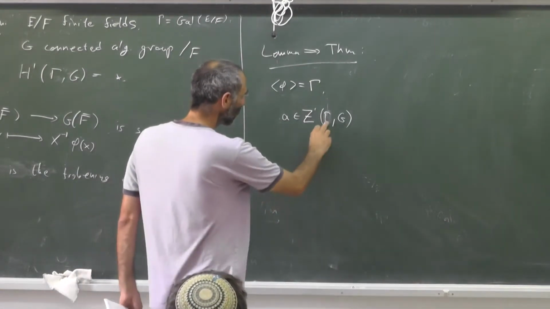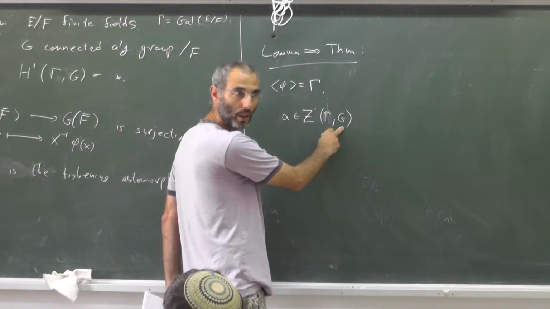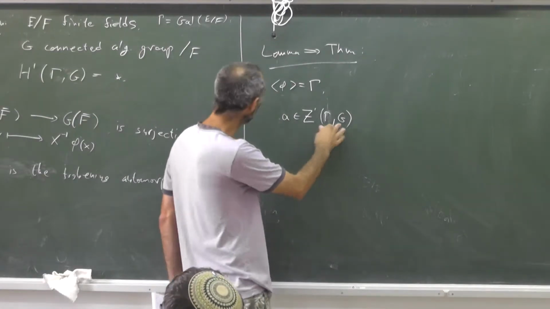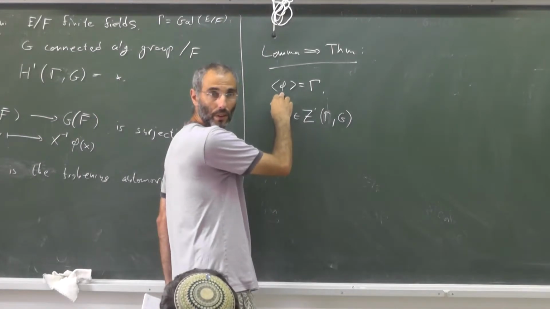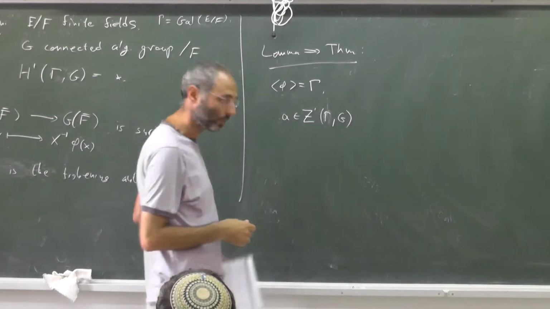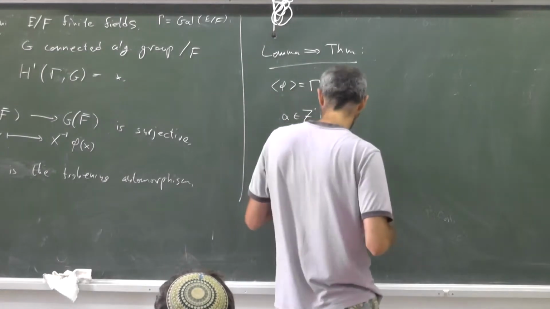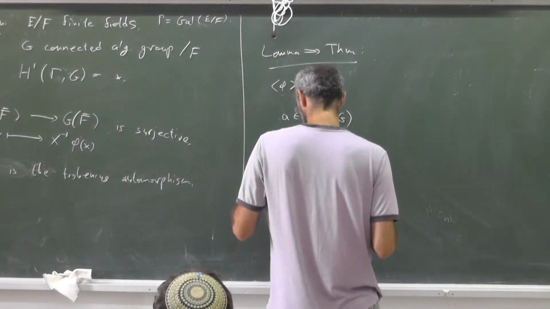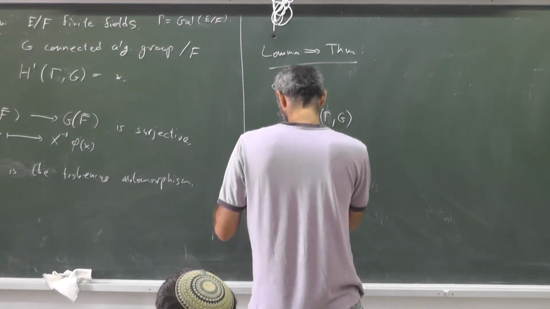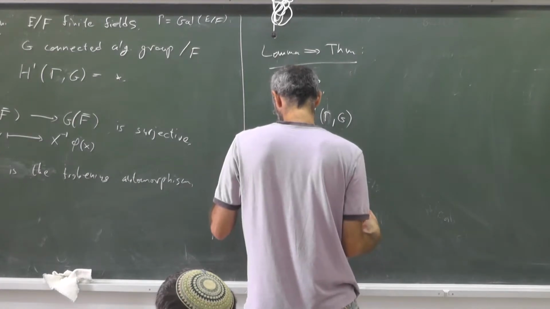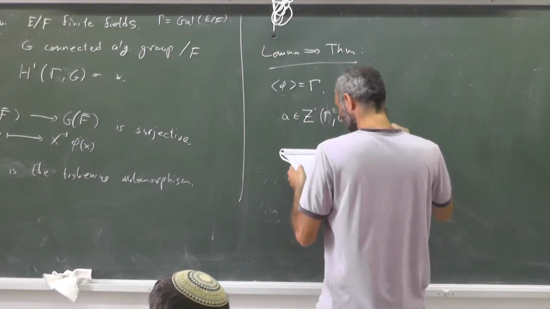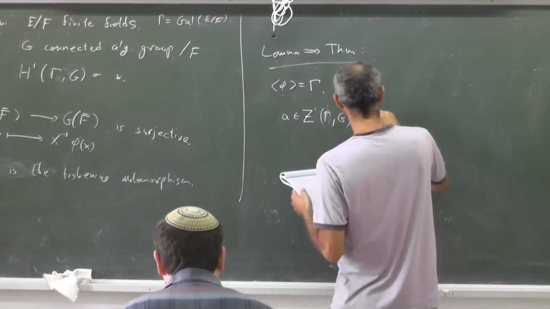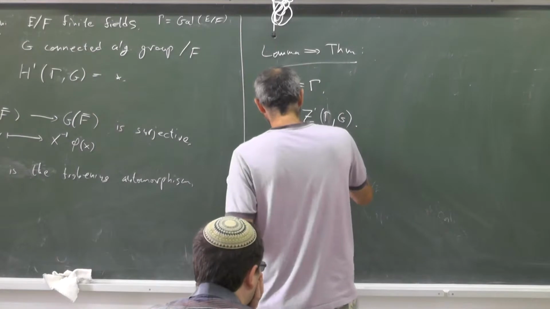So a cocycle is a map gamma to G that satisfies the cocycle equation, and of course it has its value on phi, and everything is given by this value. That's the lemma.